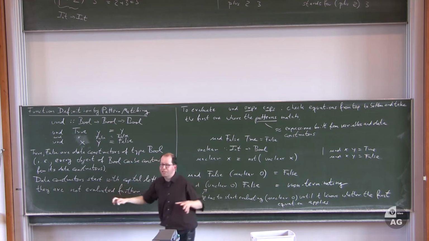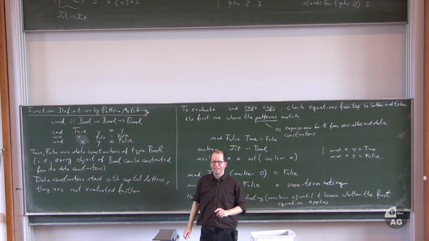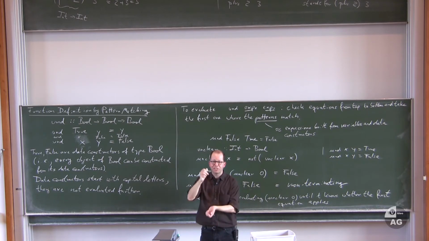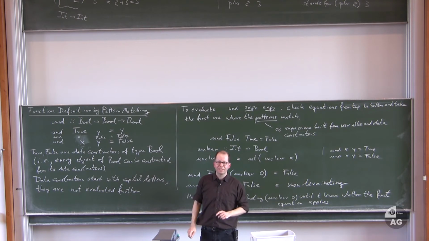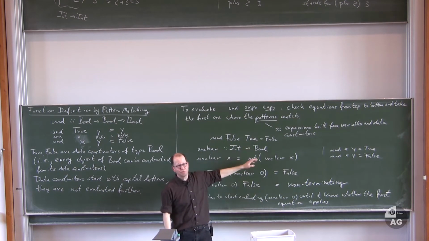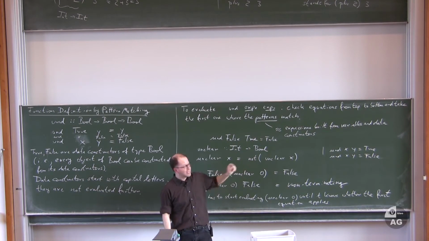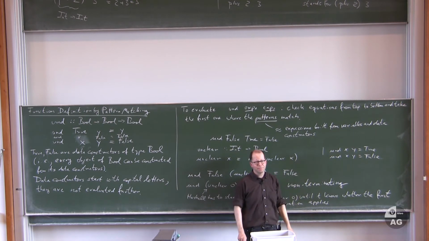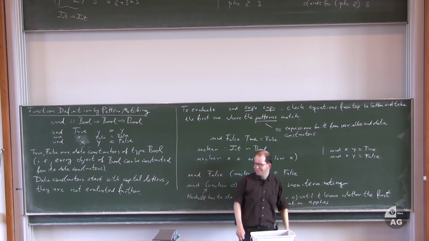So if Haskell were free to pick the equation it likes, then it's unpredictable what the result is, because these defining equations don't have to exclude each other. For that reason, Haskell executes this from top to bottom and cannot pick. So it first has to make sure, does the first equation match? And only if the first equation for sure doesn't match, it can take the second. OK.